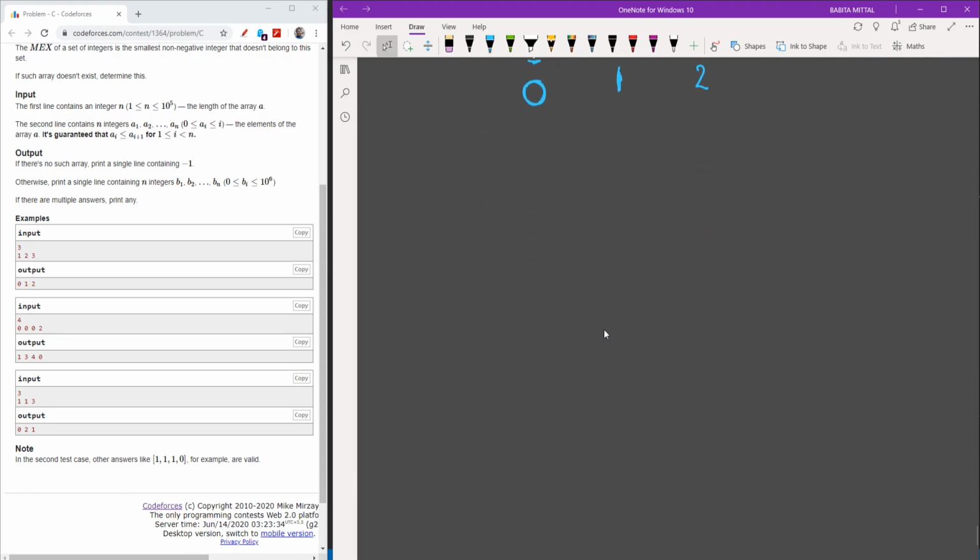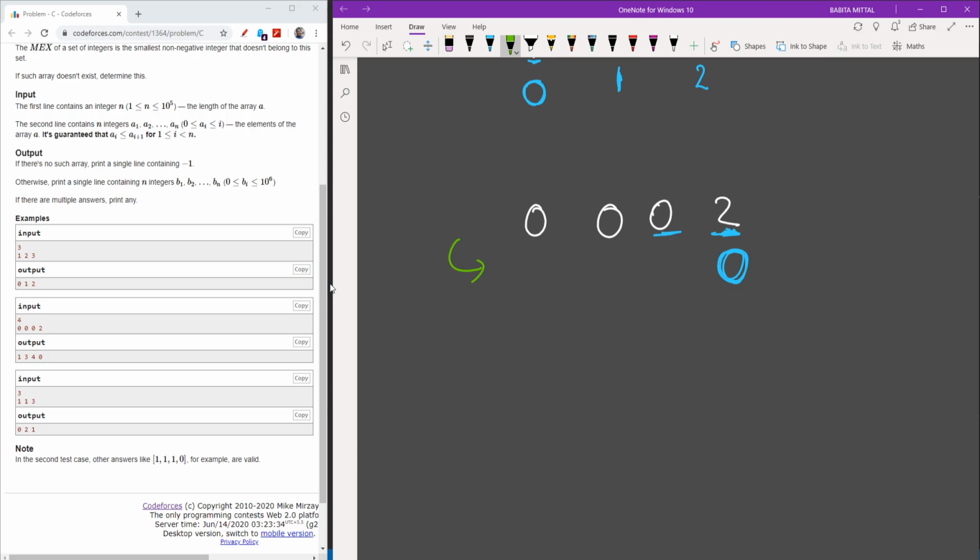But let's take another example for more clarity. The next example is 0, 0, 0 and 2. The first thing from the previous example which I can say is, if my 2 is here and my 0 is here and they are not equal, then 0 must be here. Okay, very fine. Now if I have 2 here, how will I fill these values?